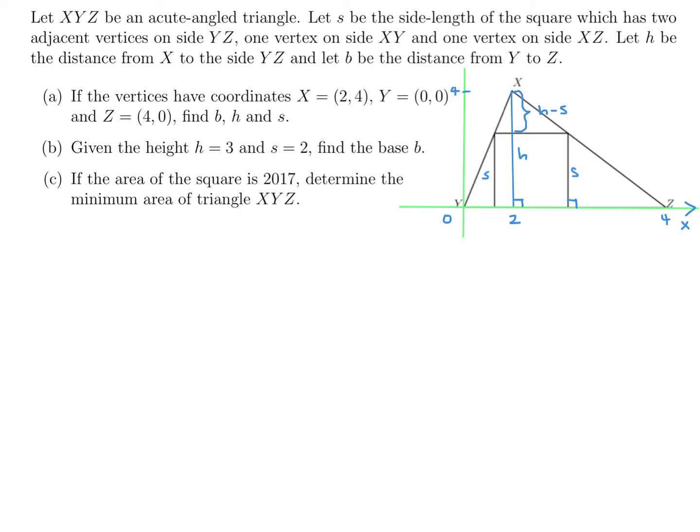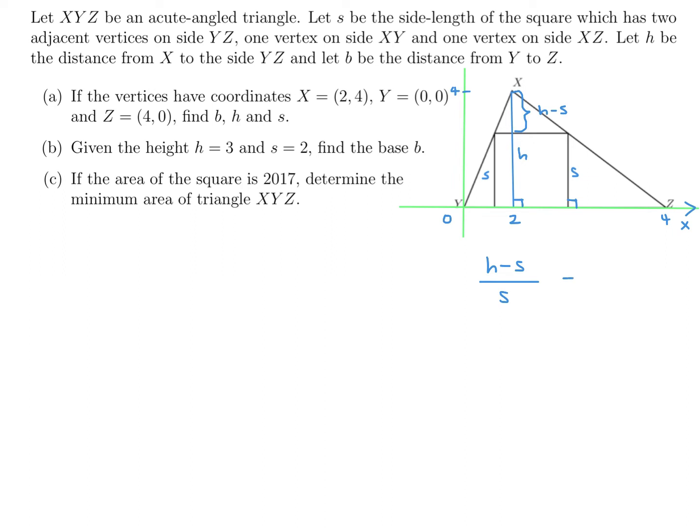And now with similar triangles, we can get that h minus s over s. So this altitude over that base is the same as this altitude over that base.